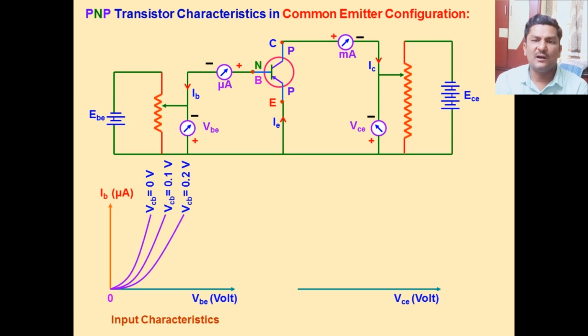Input characteristics of a PNP transistor. VBE is input voltage and IB is input current. Okay, the input characteristics of a PNP transistor in common emitter configuration.